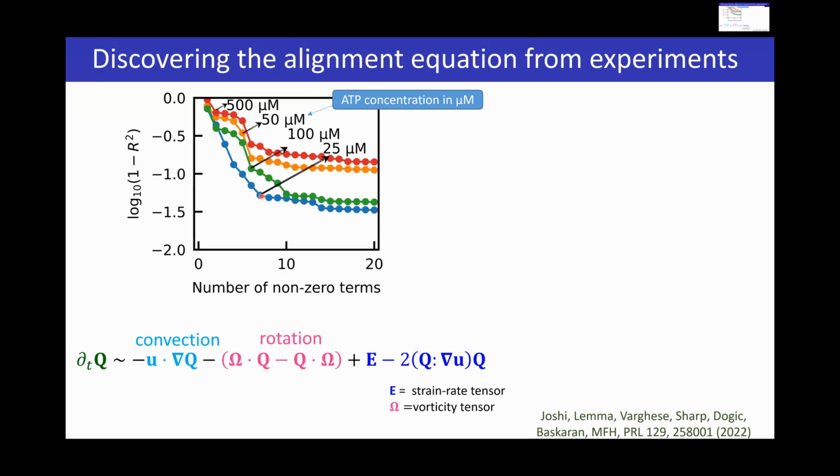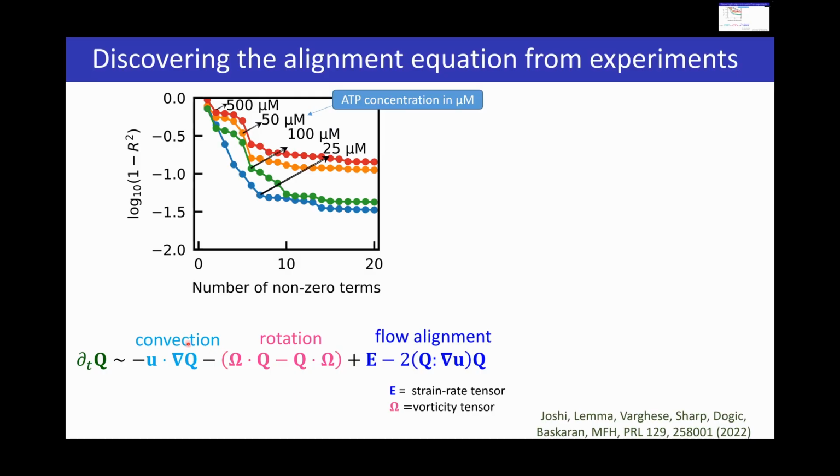And what was surprising about that model was how minimal it is. Here I'm again showing just the alignment equation. It shows us that the physics is completely dominated by coupling between flow and the alignment of the director field.